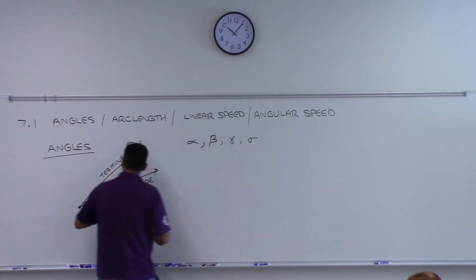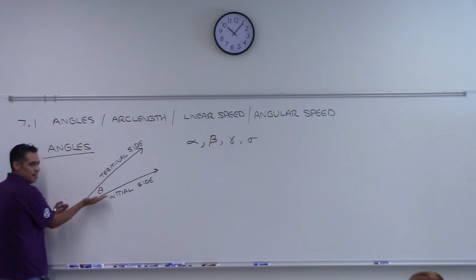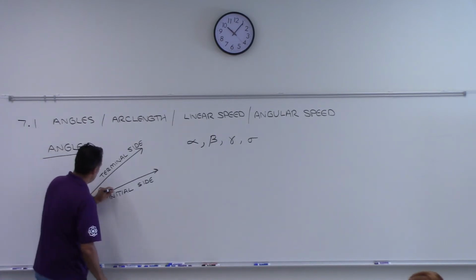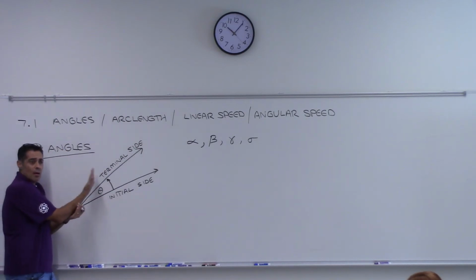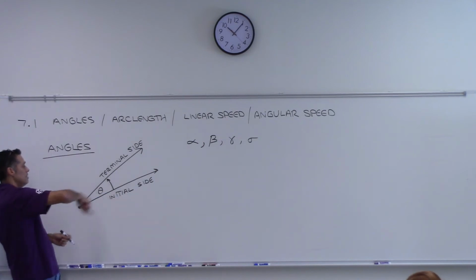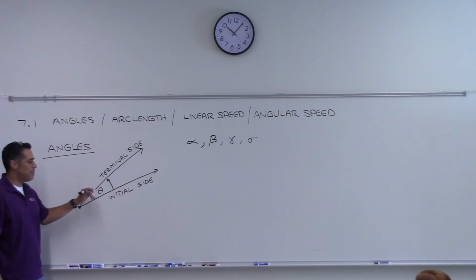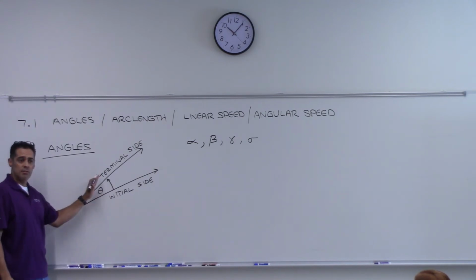And so you can imagine that to create this angle, you had to start from this ray and then rotate through some distance, and that distance is, again, the angle that we're measuring. And so this angle would go in that direction. That would be like a counterclockwise rotation, wouldn't it? Clockwise is this way, counterclockwise is this way. So that would be your angle, theta.